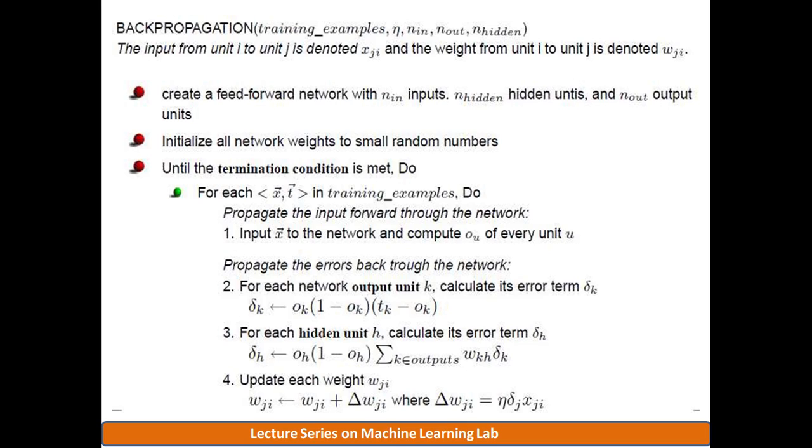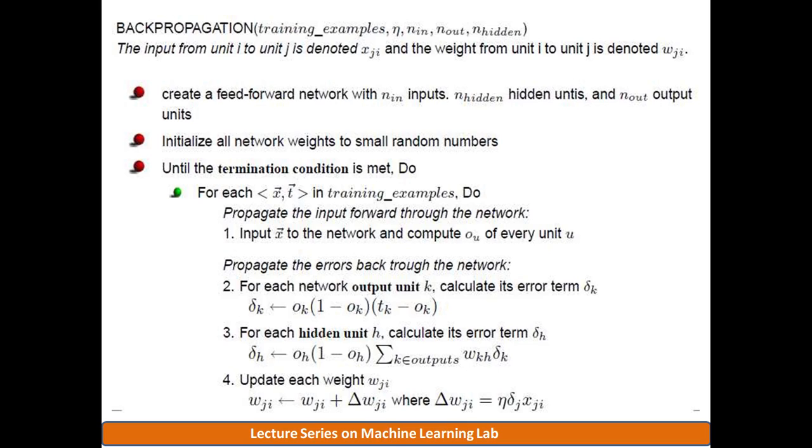Hence the network nodes used in the backpropagation algorithm are sigmoid units. So we take ok into 1 minus ok, and then tk minus ok, that is target minus the output produced by the network, which gives the actual error.